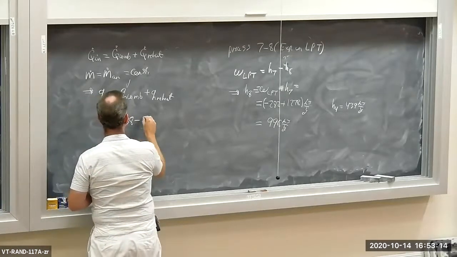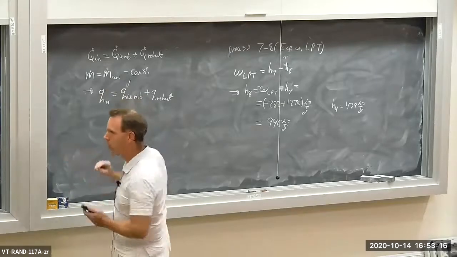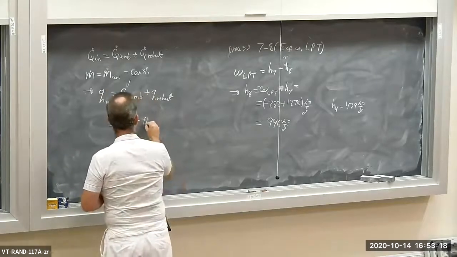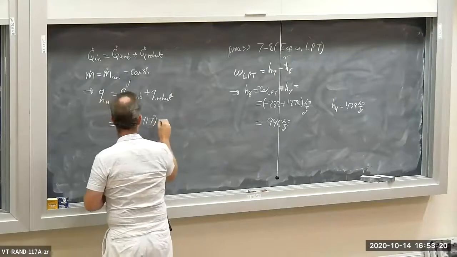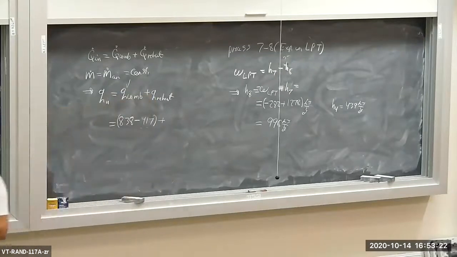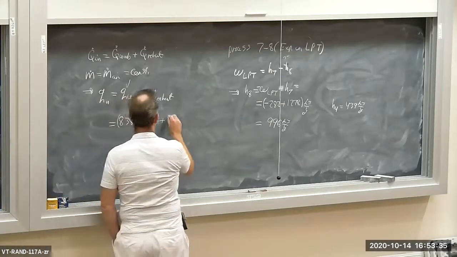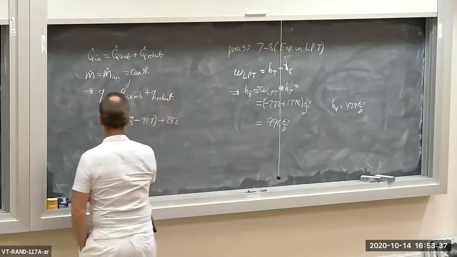838 minus what I added with the regenerator, 417, plus what I added in the reheater. And what was added in the reheater was 282 kilojoules per kilogram.